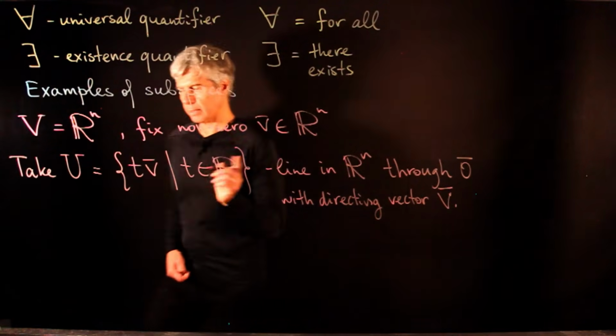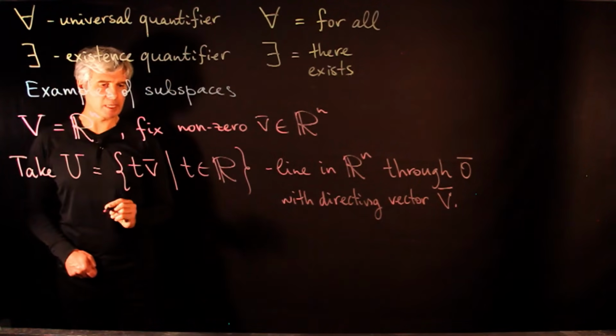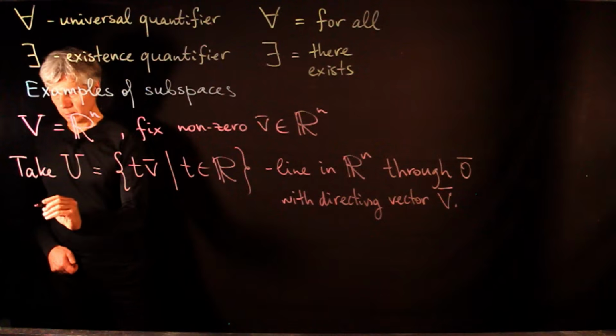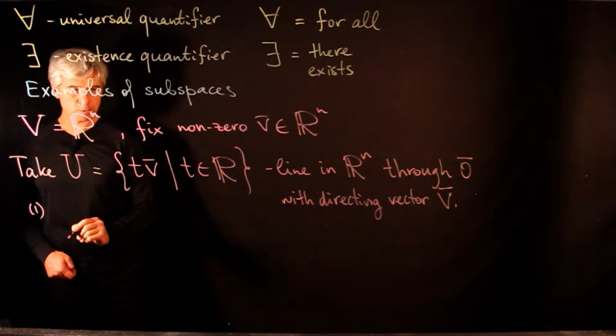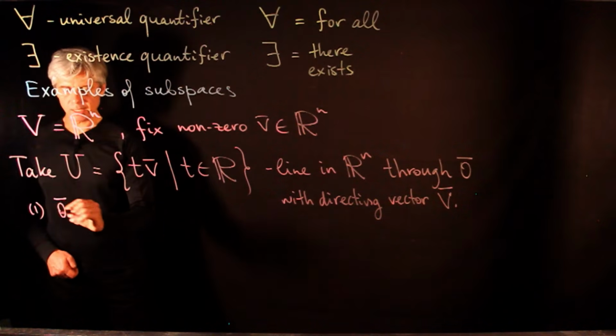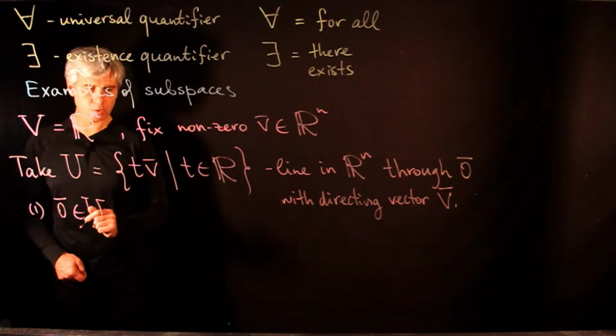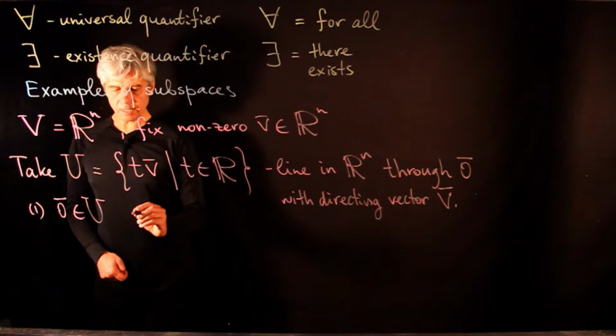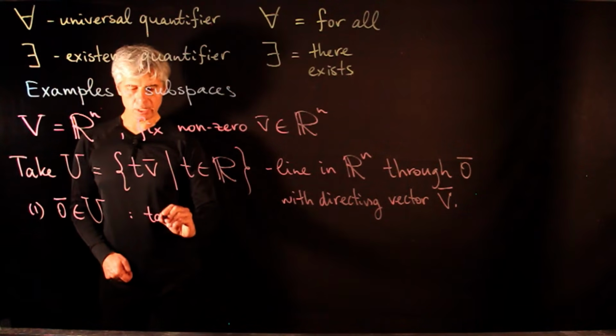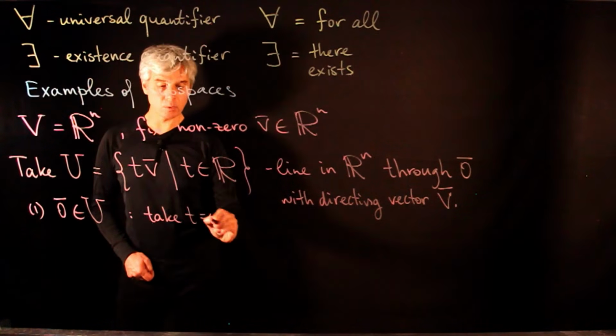So we claim that this is a subspace. Indeed, for the first property of a subspace, we need to see that 0 belongs to this subset U. To see this, we just take t equals 0.